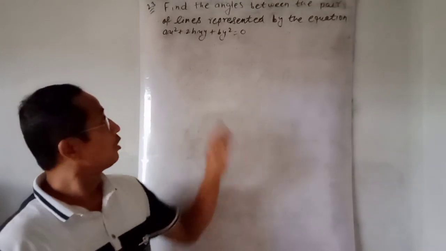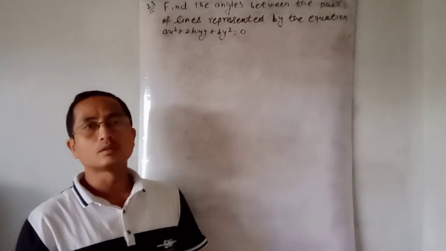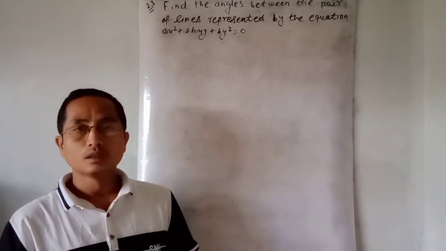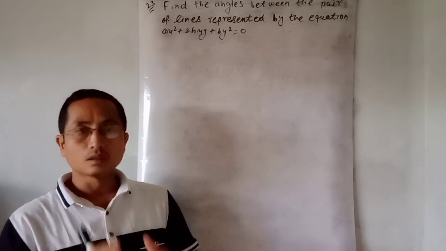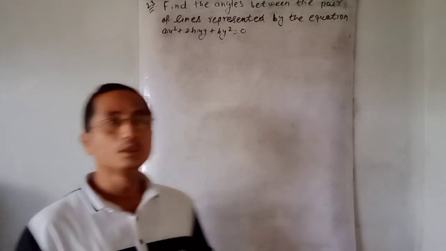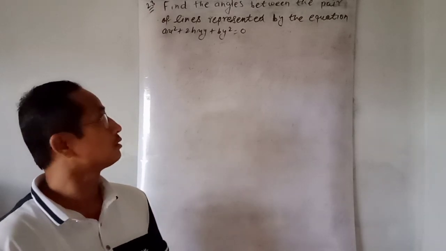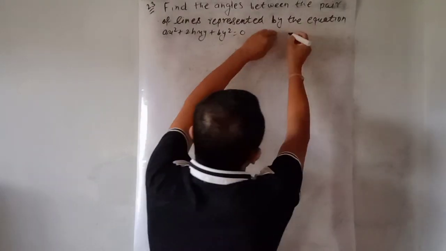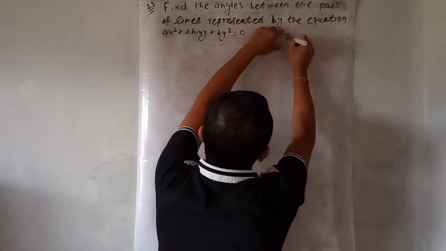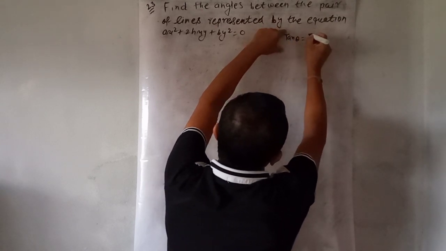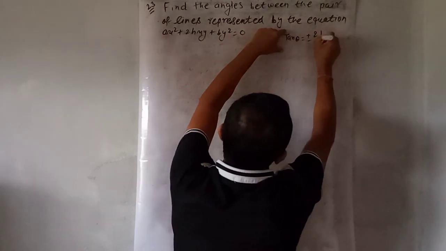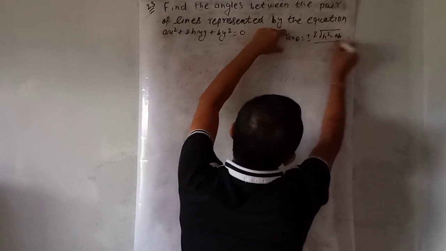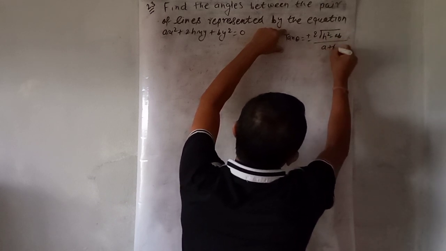I mean, when the combined equation of two straight lines is given, then in order to find the angle between these two lines, we use the formula tan theta is equal to plus minus 2 root h square minus ab by a plus b.